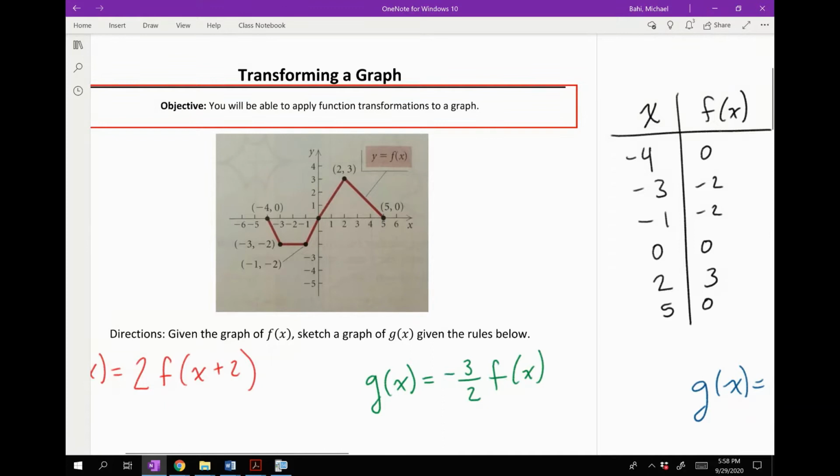What I made over here on this table is I copied these points over onto this table. And if you notice, I went in order. I started with the leftmost point, and then I went left to right. So I did this point, then that one, then that one, then that one, then that one, and then that one. That's the order that I got on this table.